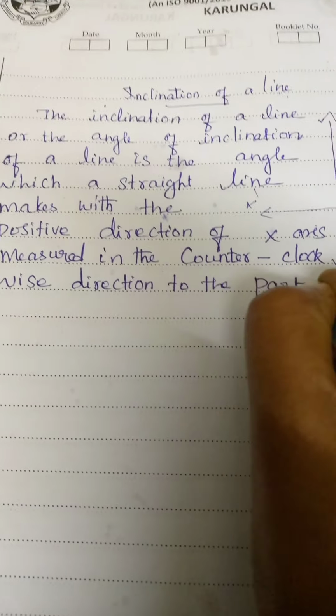It is denoted by theta. There are two notes. So you should write, sometimes it can ask for one word, so you should learn.